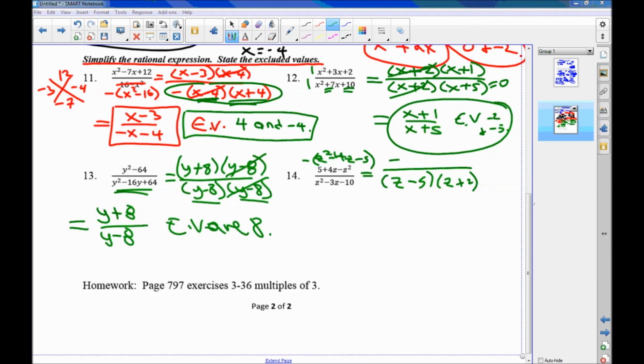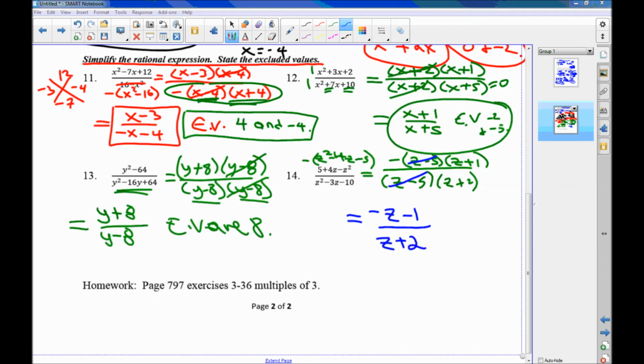And then that's going to give me negative, and then two things that multiply to negative 5 and add to negative 4. Well, that's z minus 5 and z plus 1. All right, that's easy for us now to see that the z minus 5s will cancel out. So our simplified fraction will be negative z minus 1 over z plus 2.